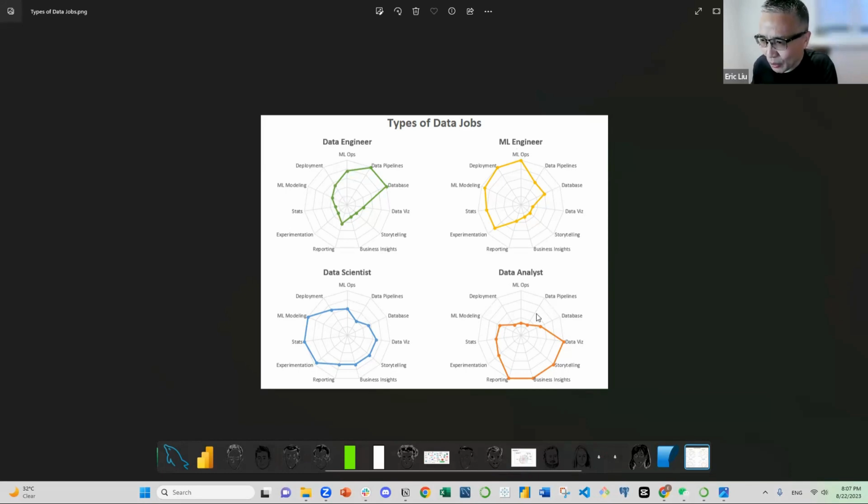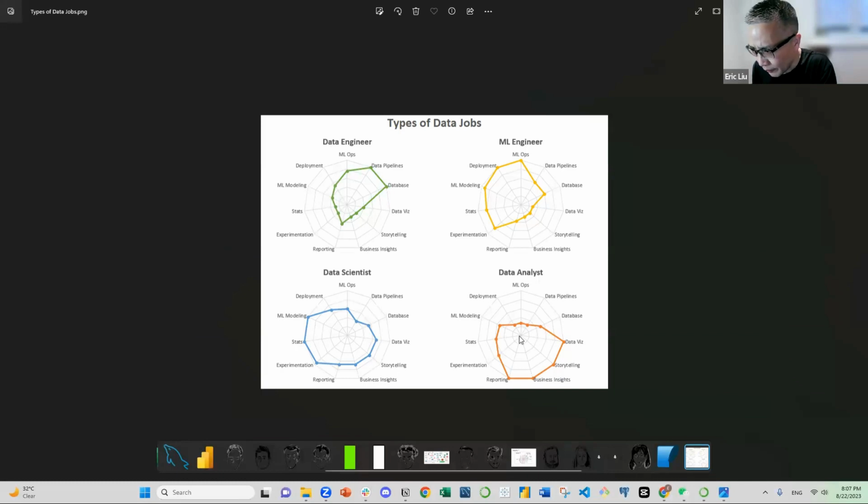I think if you look at the, how do we call this? This is a radar chart or a spider chart. Basically, you can see the different skills required to perform the role, to do the job.